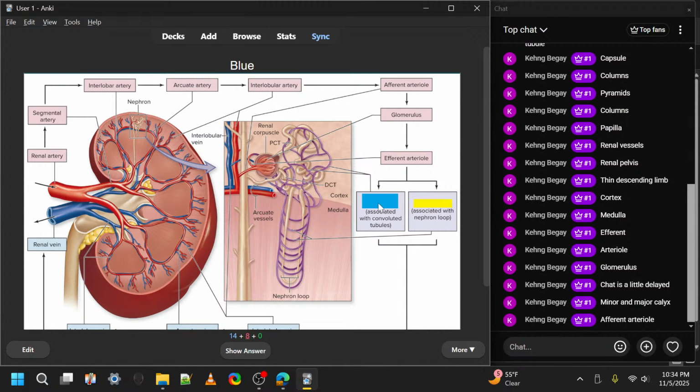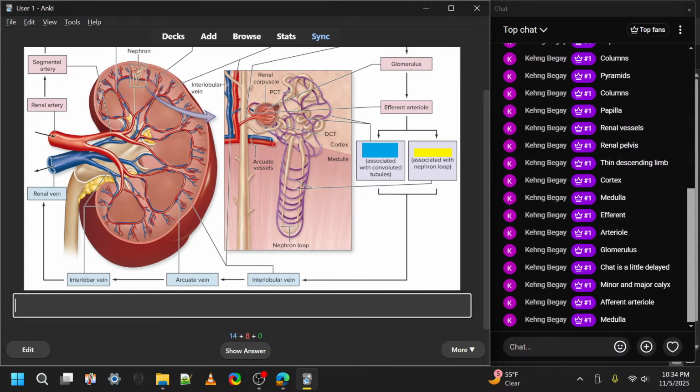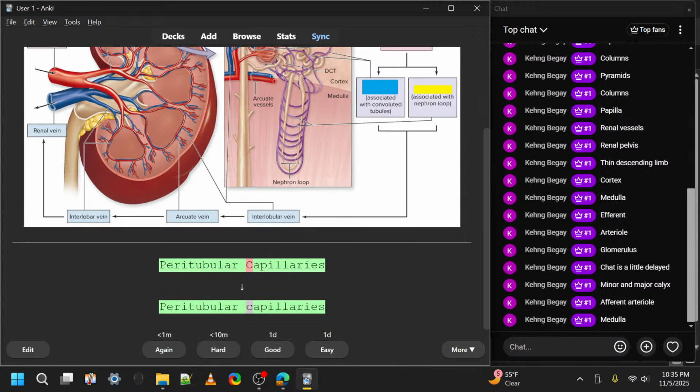The blue. So the blue is wrapped around the tubules. I want to see you do this one, King. It's wrapped around the tubules, so what would it be? The peritubular capillaries.